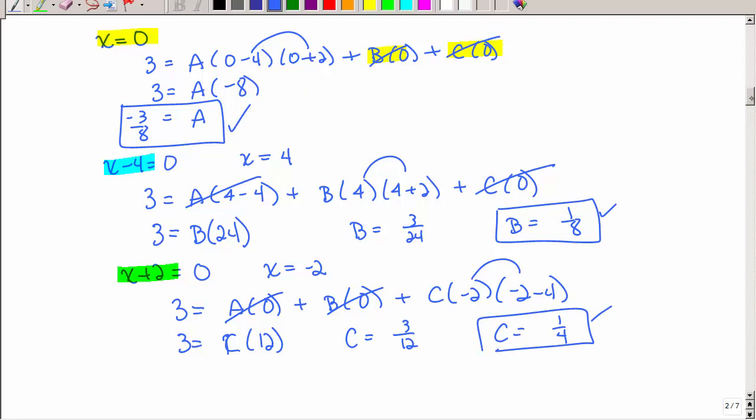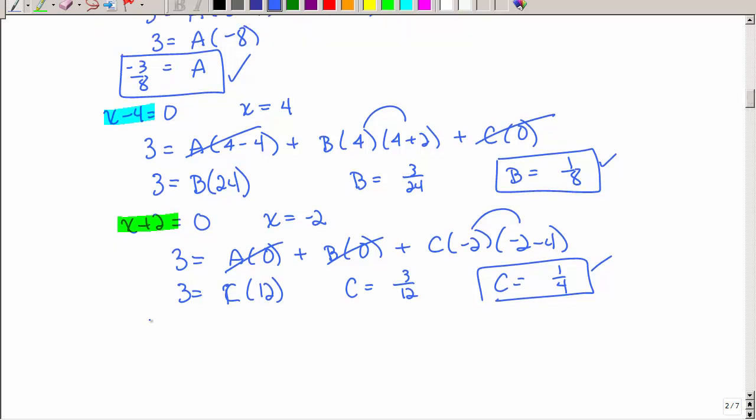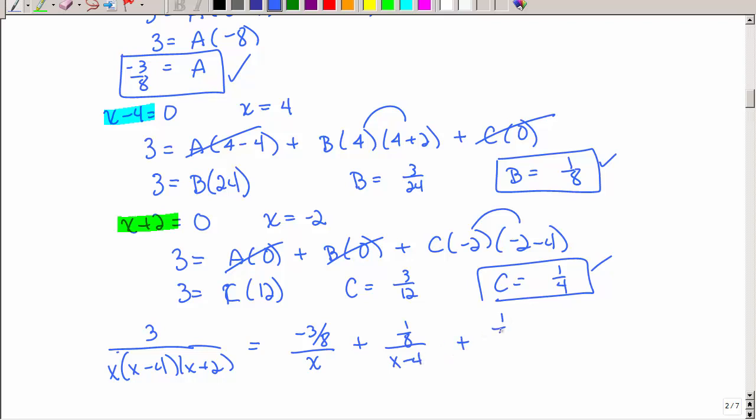But really what we want to do is rewrite that fraction into those individual fractions. So I have decomposed 3 over x times x minus 4 times x plus 2. What did that equal to? I believe that was a over x, plus b, and b is 1/8, and that was over x minus 4, plus c over x plus 2. And you could leave it like that. Again, you could stop with just solving for the constants.